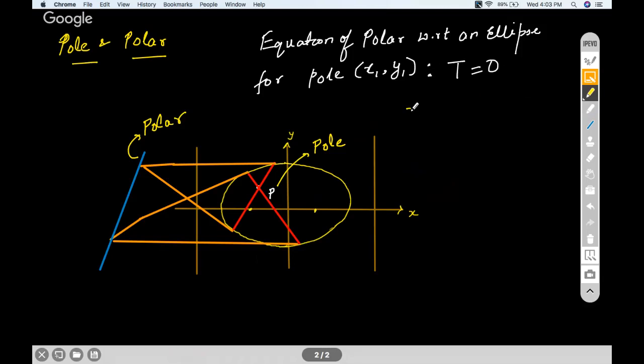That means if x square by a square plus y square by b square equal to 1 is the ellipse, then the equation of the polar would be this.